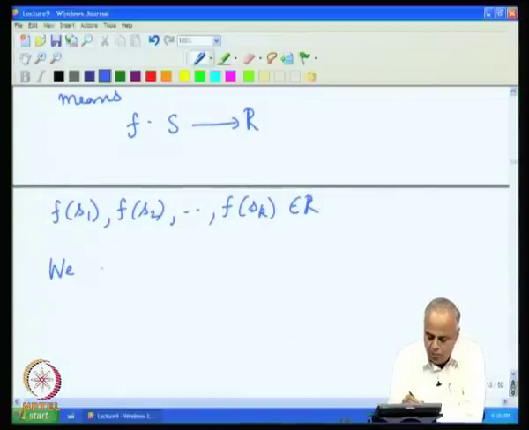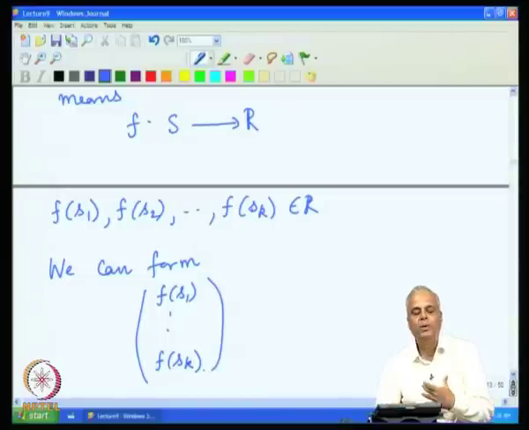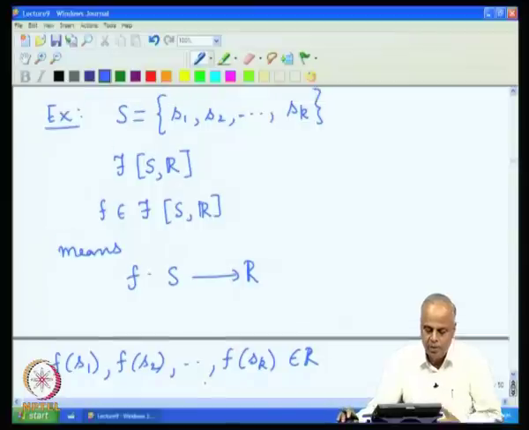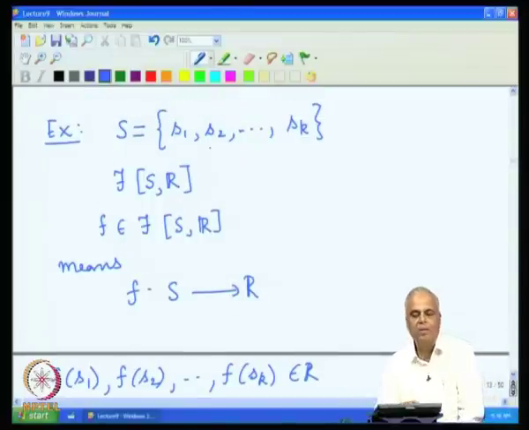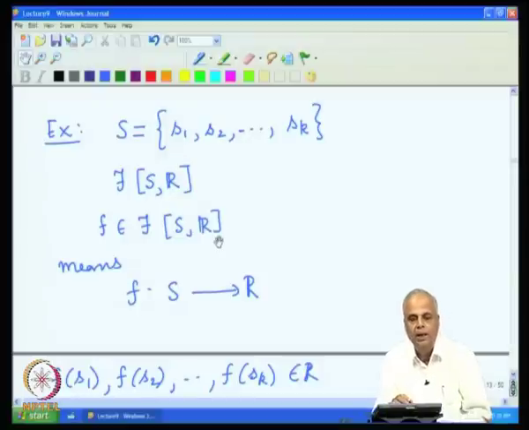So we can form the usual k-row, 1-column matrix with entries F(s1) down to F(sk). Essentially we see that such a function can be identified with an element in Rk. So when S is a finite set S1, S2, Sk, F(S,R), the collection of all functions from S to R, is essentially the collection Rk.